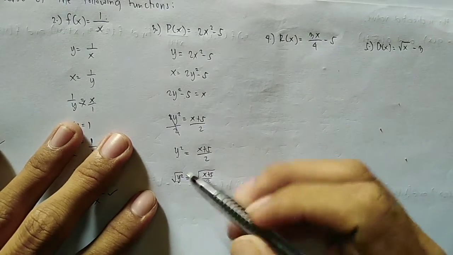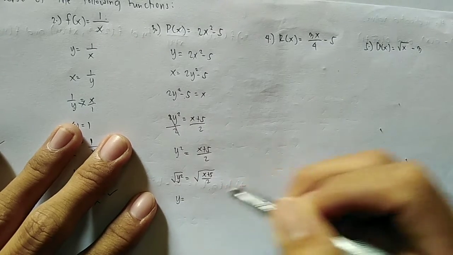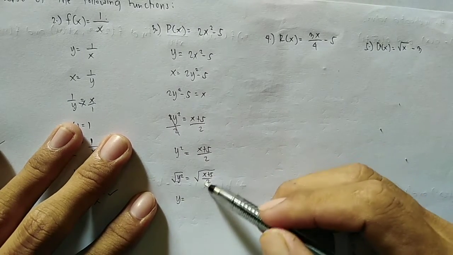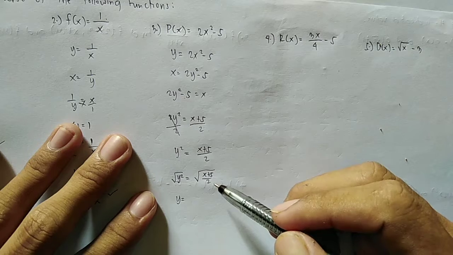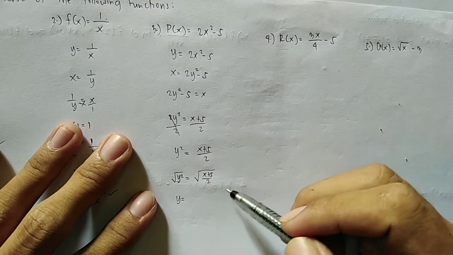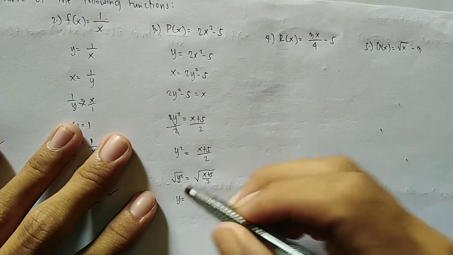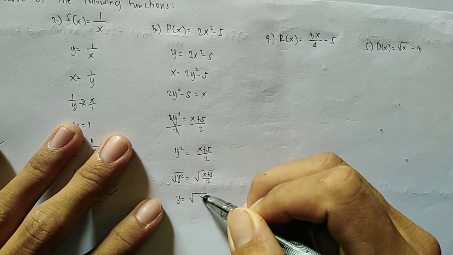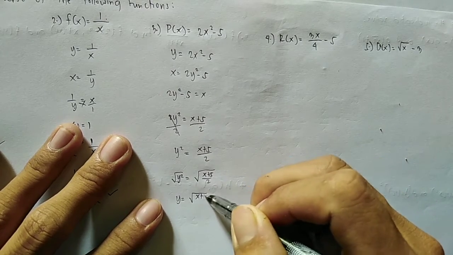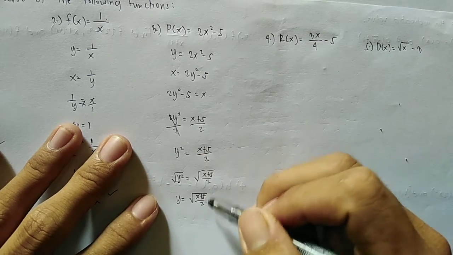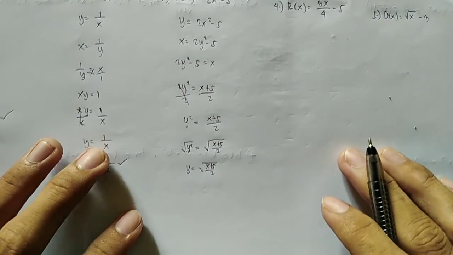The square root of y squared is y. Since the square root of x plus 5 over 2 can no longer be simplified or factored out, write that as it is: x plus 5 over 2, in lowest terms.